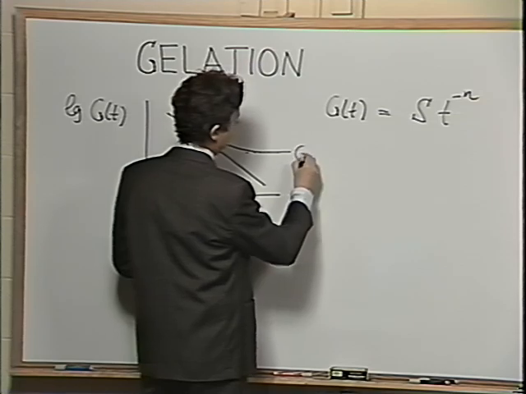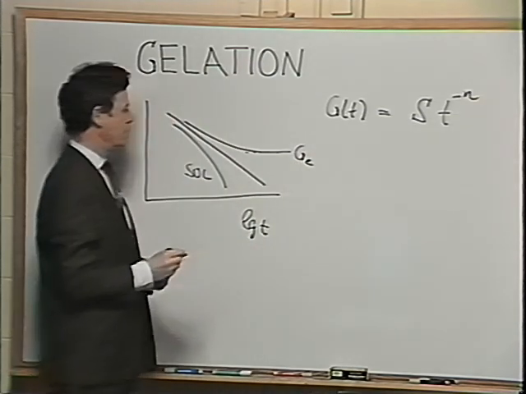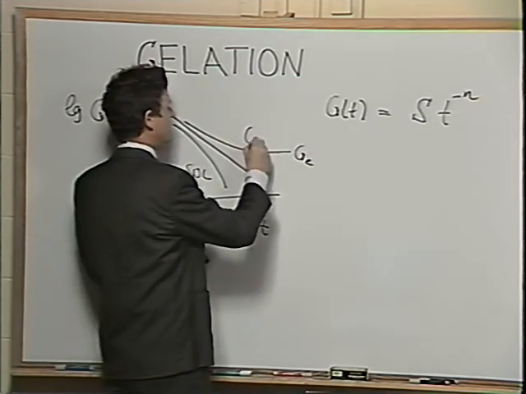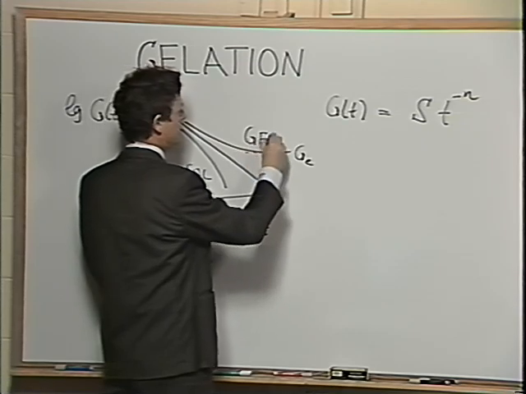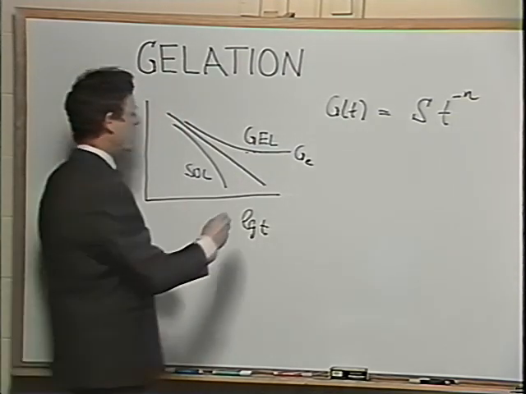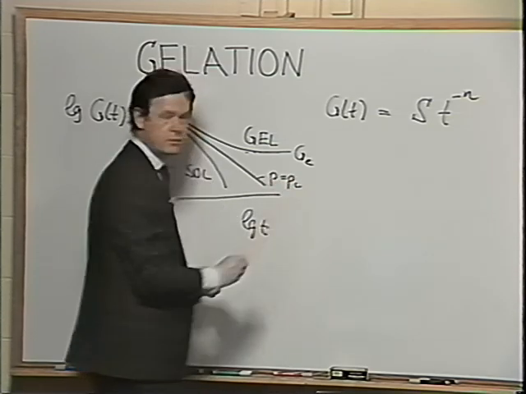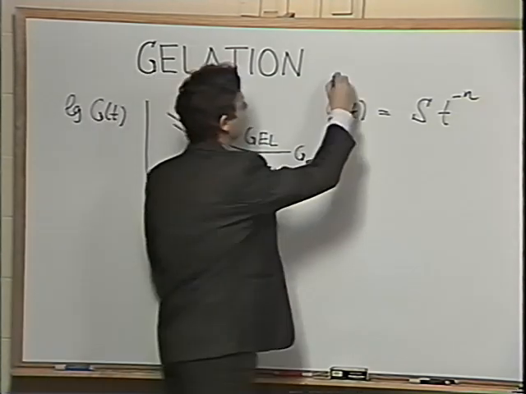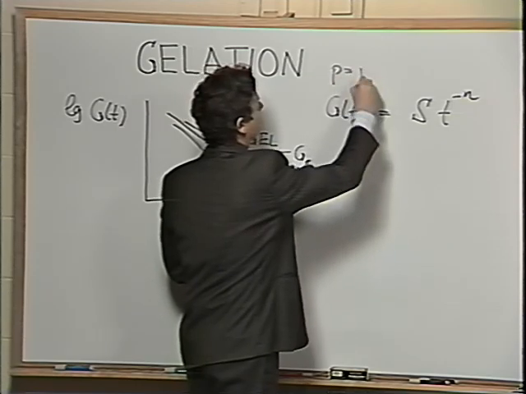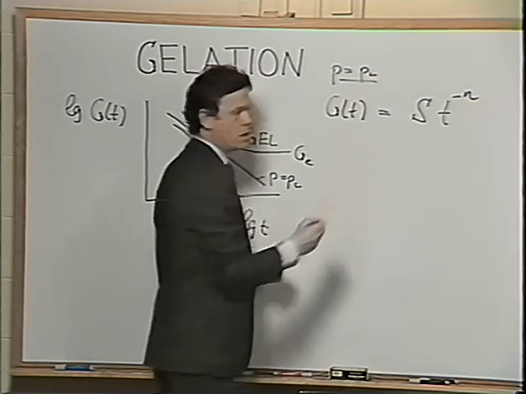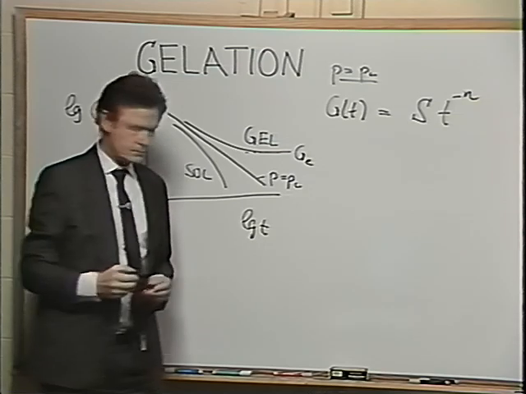This is the so-called equilibrium modulus, and this would be the so-called gel. And the material at the gel point, where the conversion is equal to the critical conversion, P equal to PC, is called the critical gel.